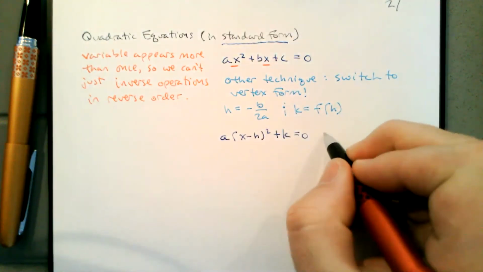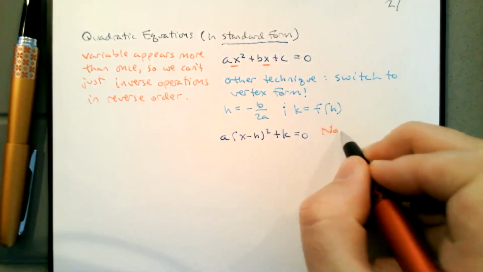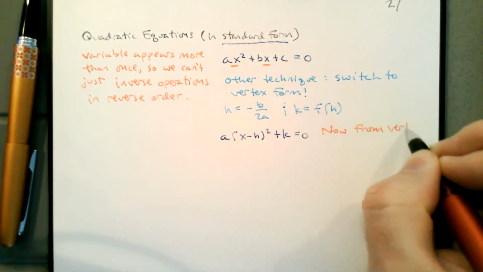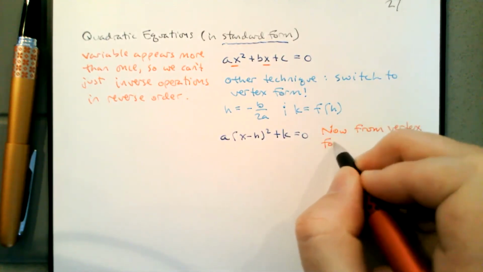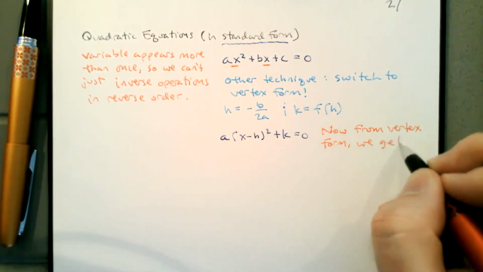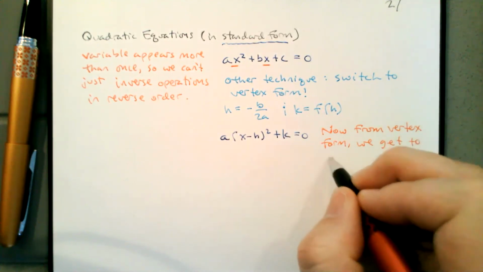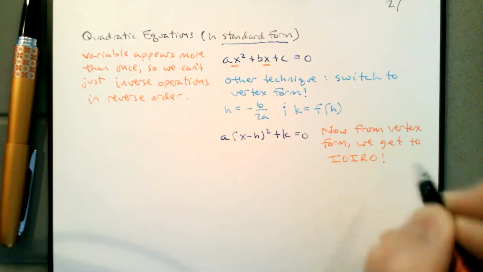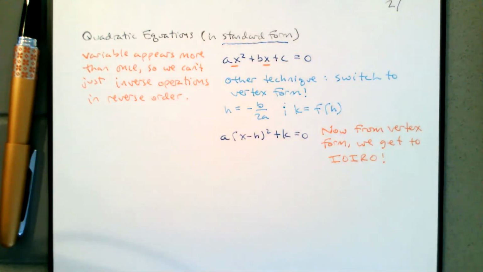So now, from vertex form, we get to use inverse operations in reverse order. Inverse operations in reverse order. IOIRO.